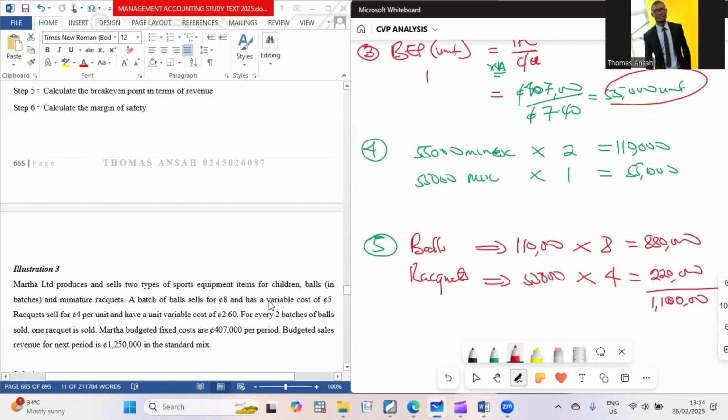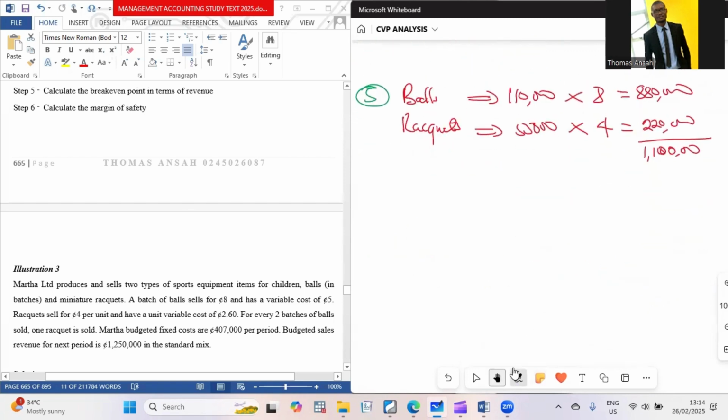All right, so that is that. Then lastly, step 6, you can calculate your margin of safety. Now, the margin of safety, you remember the formula is given by budgeted sales minus break-even sales, the break-even point in value.